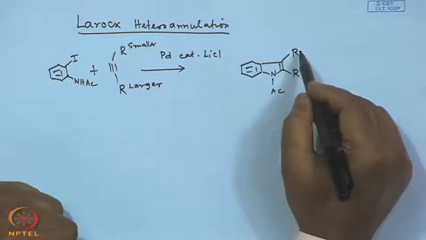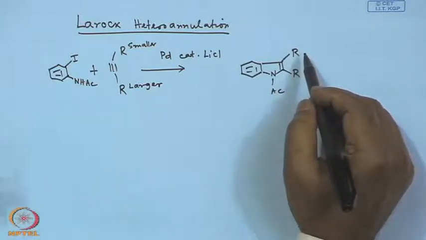Fortunately, this method is very regioselective, meaning it gives only one isomer exclusively, and if you know a little bit of the reaction mechanism, you can predict which one would form. That means whether the larger would be at the 2 position or 3 position. Okay. But in any case, that is the reason why this method has become very popular, because it is regioselective and the substitution tolerance is very high.